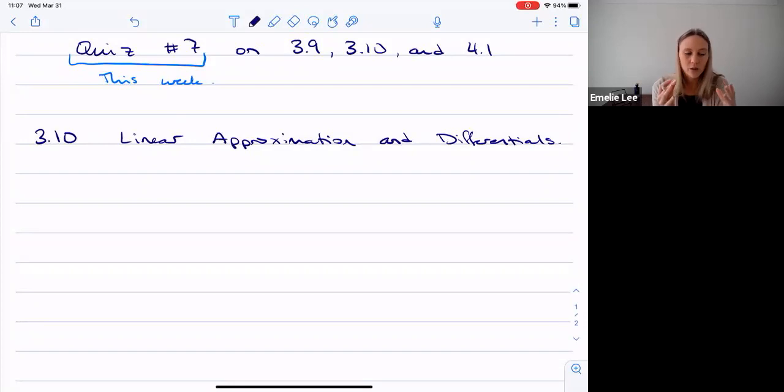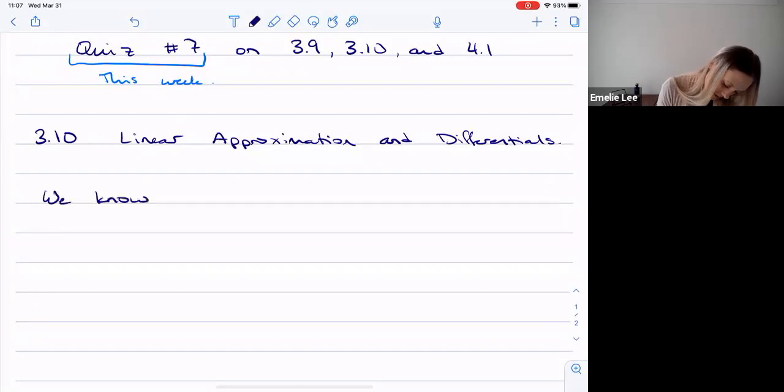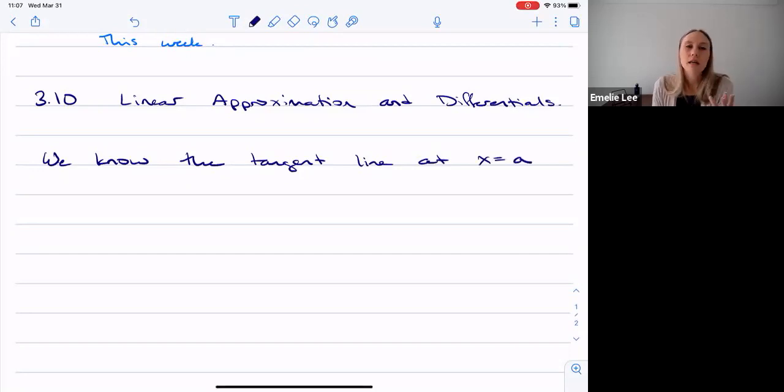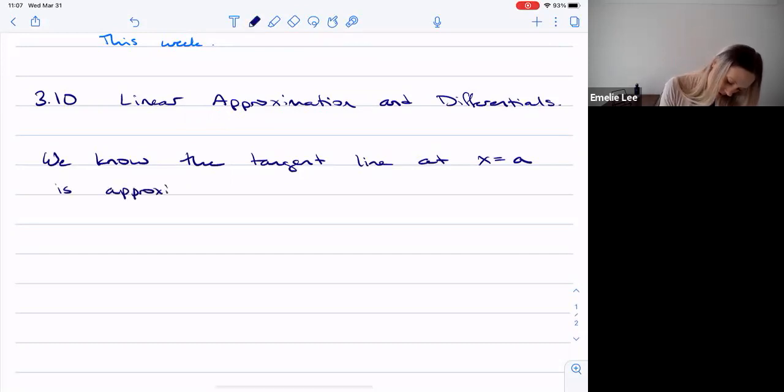And so we know that the tangent line close to a point, the tangent line at x equals a, let's say, is approximately the same as the actual function at a. And so here we get to this linear approximation, which is approximately the same as the actual function at a.